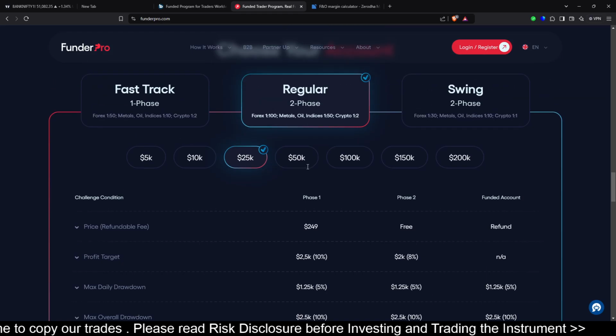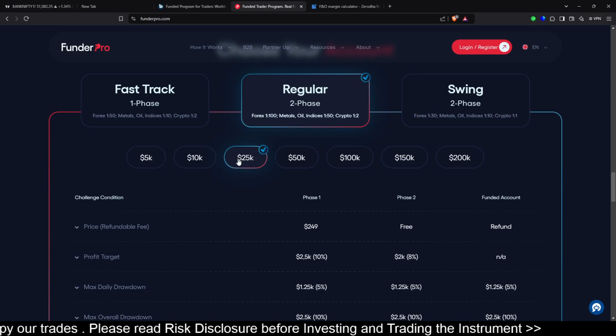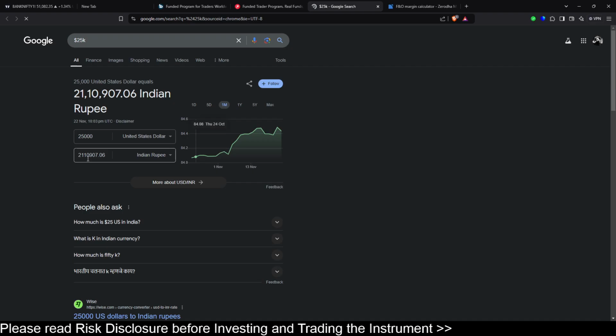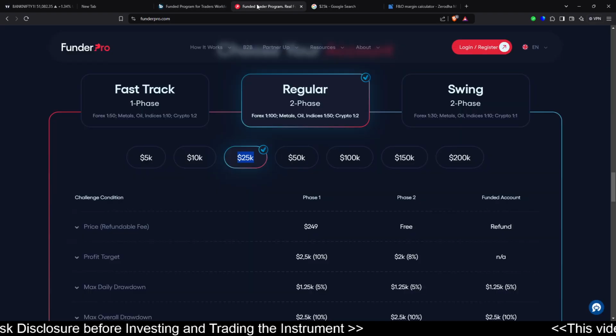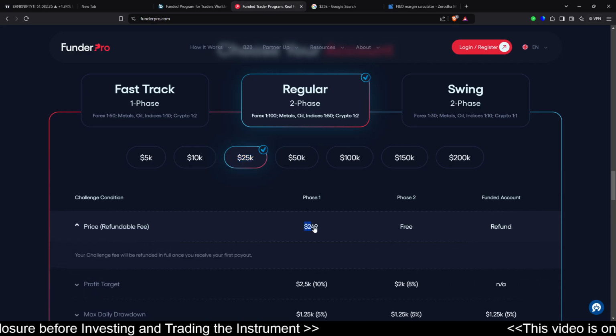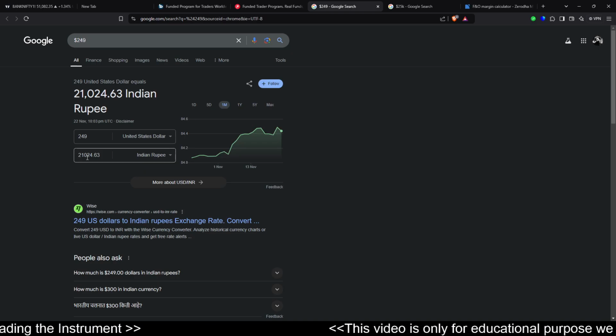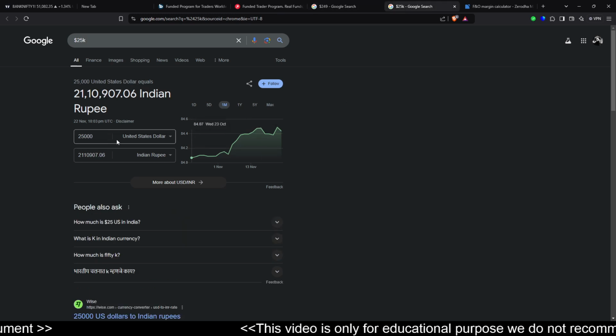Then suppose they are providing you around a $25,000 account, which is almost 21 lakh rupees of capital, just by charging you 21,000 Indian rupees. You are getting 21 lakh rupees to trade.